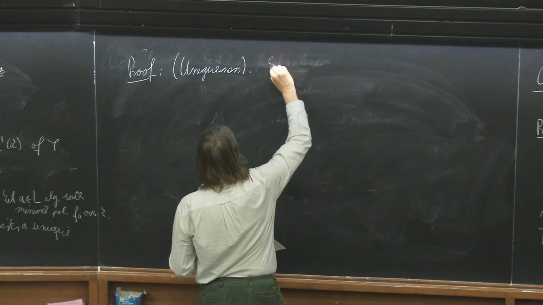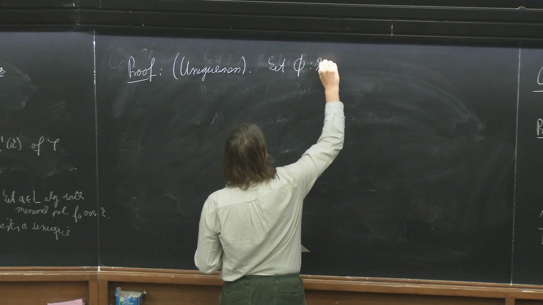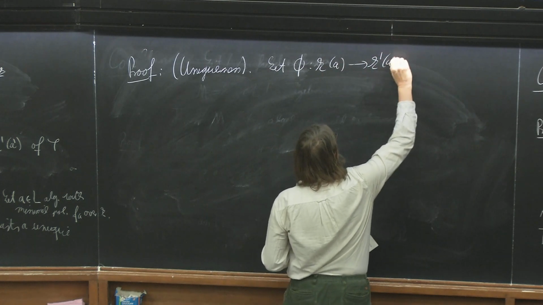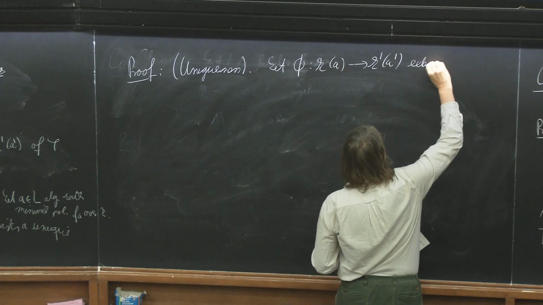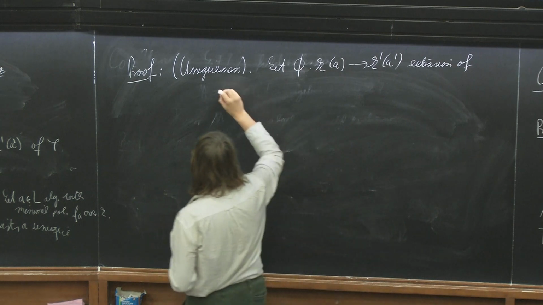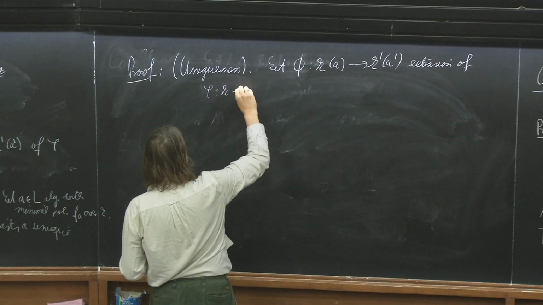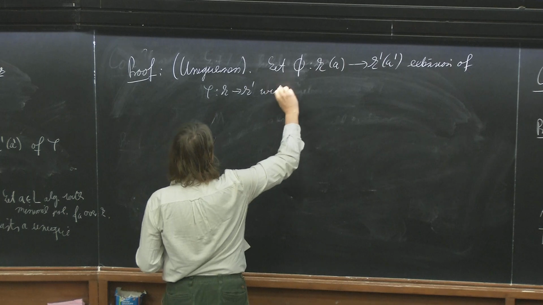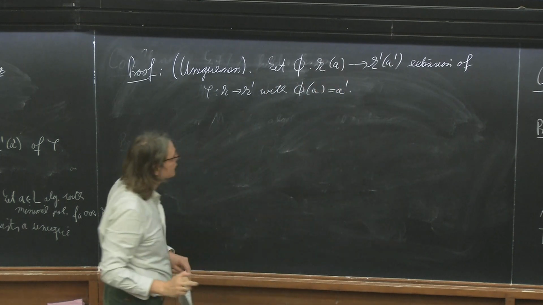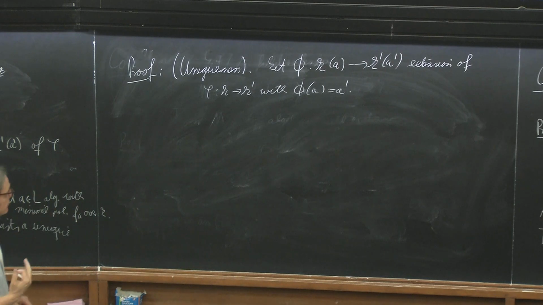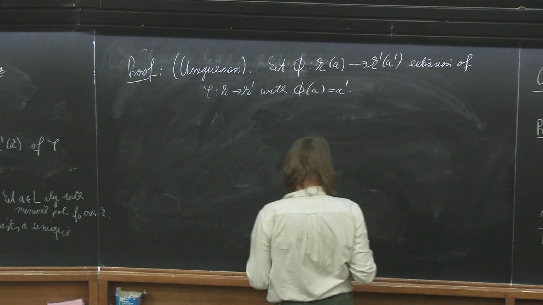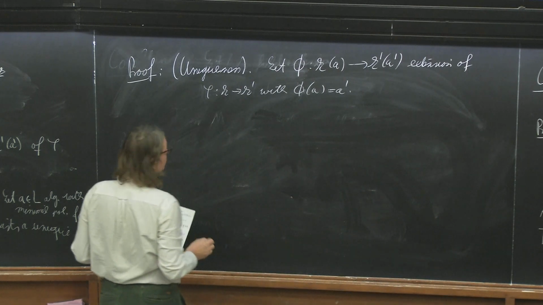So let our given phi. We have to see there's only one, we can precisely say what it is. And so in particular, it is unique. So we just have to remember where we are.